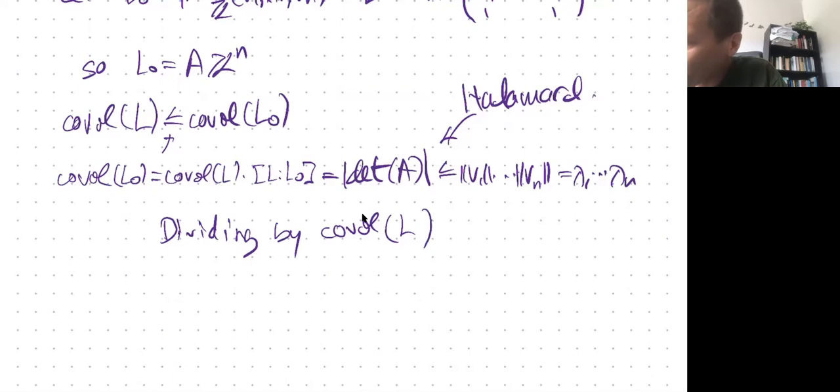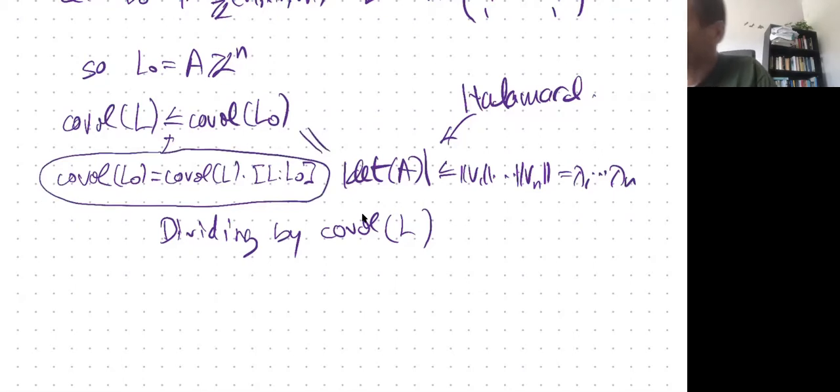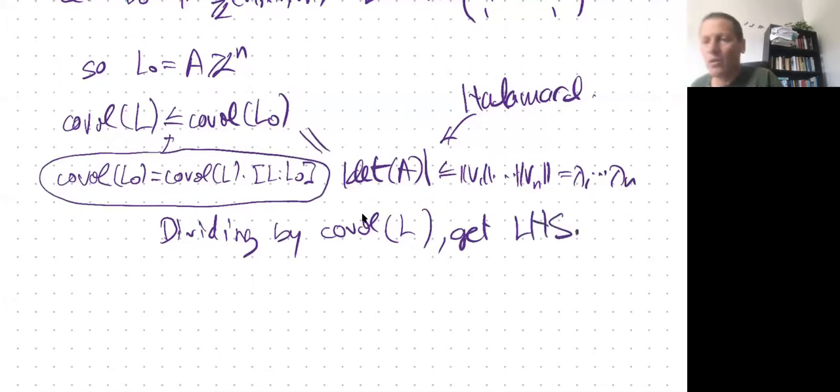Okay, I'm sorry, this line is kind of confusing. This is equal to that. And this is an explanation. Dividing by the covolume of L, you get the left-hand side of the inequality that you wanted.